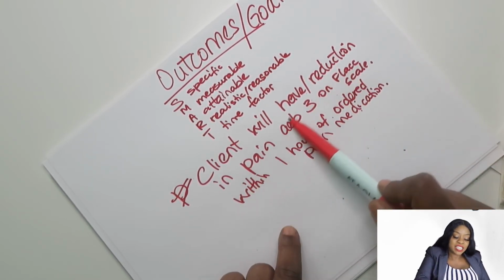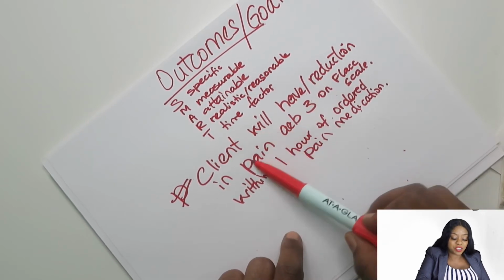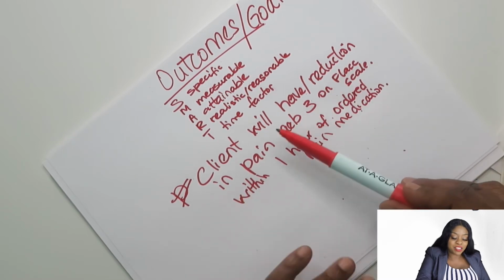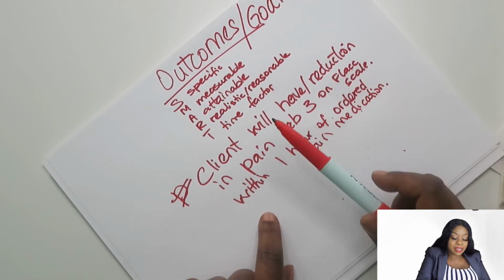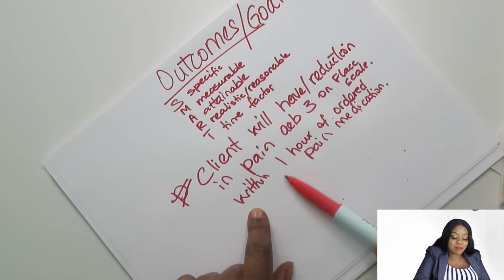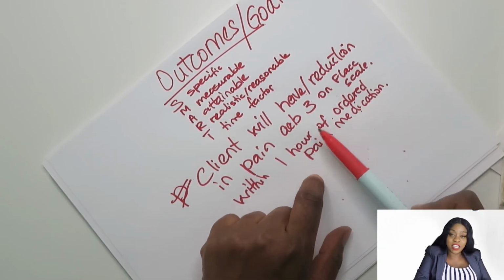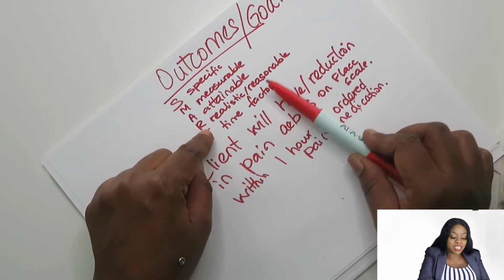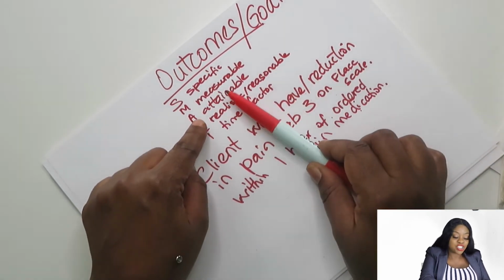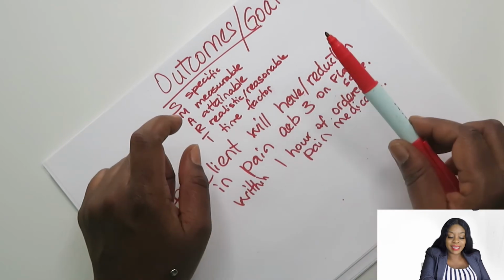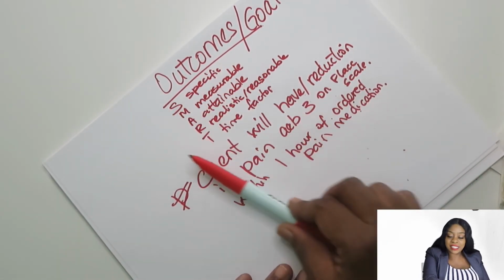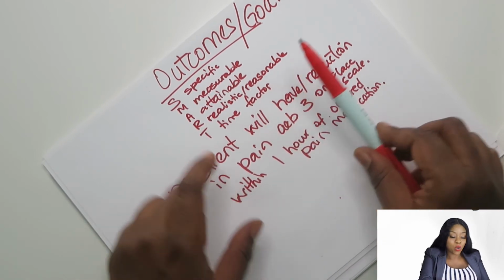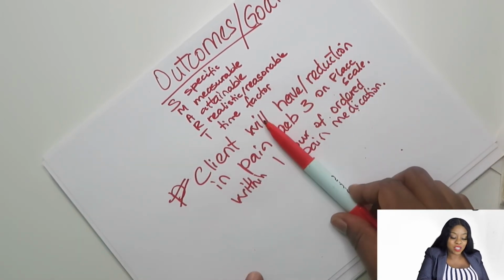So we're saying the client will experience, I put have just for shortening, but the client will experience a reduction in pain as evidenced by a 3 on the FLACC scale. And as far as our time, it's within 1 hour of the ordered pain medication. So we have a time factor, it's realistic, it's reasonable, it should be attainable. So this is an example of how we would set up the outcome or goal for this patient.